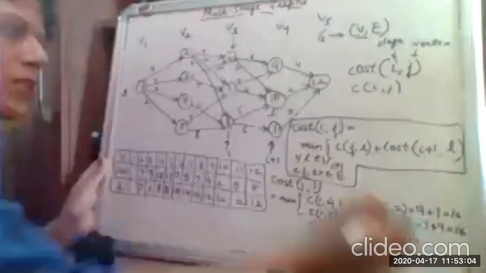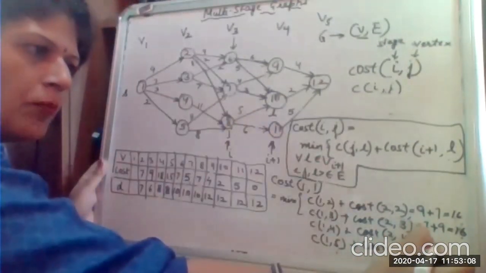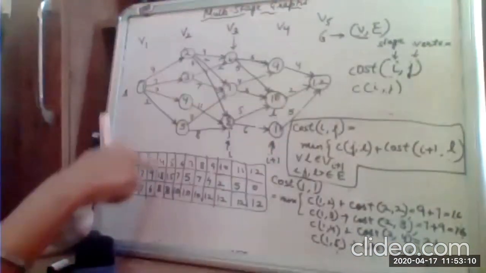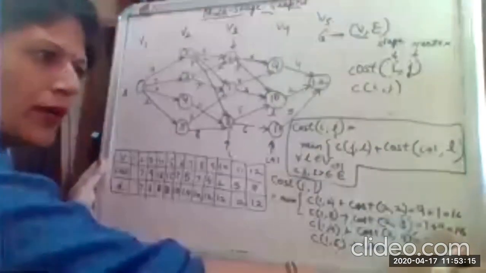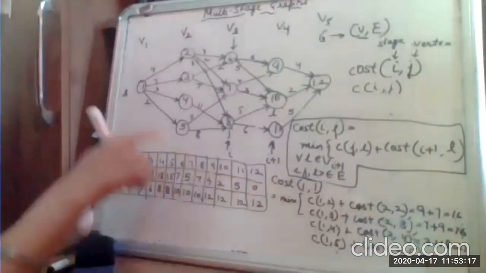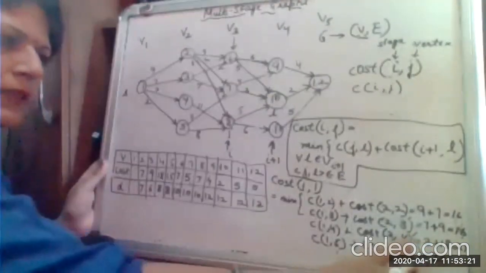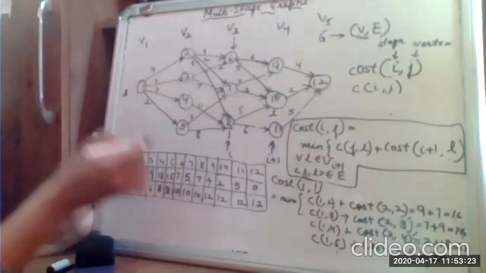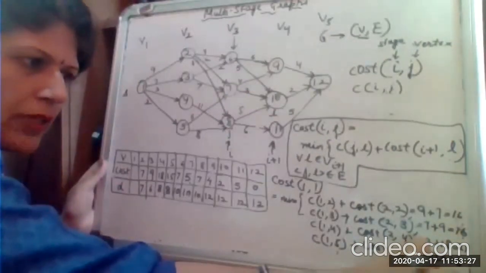Then the cost for the edge 1 to 4 is 3 plus the cost at the fourth vertex, that is 18. 18 plus 3 is 21. Then the cost of 1 to 5 is 2 plus the cost at the fifth vertex, that is 15. So this results in 17.